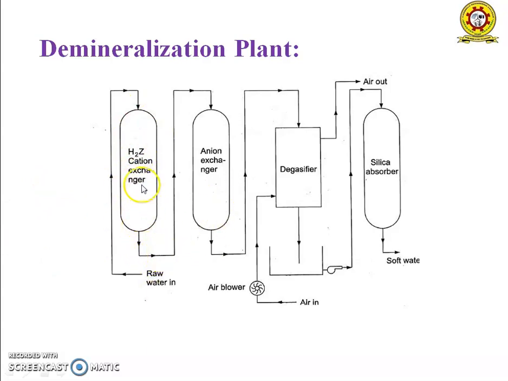After passing through the cationic exchange device, it enters into the anionic exchange device and gets degasified, meaning some of the gases get removed, and after that it finally passes through the silicon absorber.